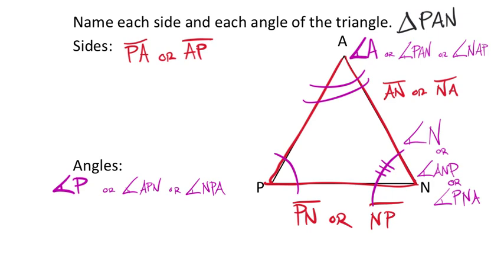Okay, so we've named all 3 angles, and we've named all 3 sides. But again, does it look like we've written more than 3 sides and more than 3 angles? It may. But hopefully we know by now that it's possible to identify the same angle or the same side with a different order of the letters.